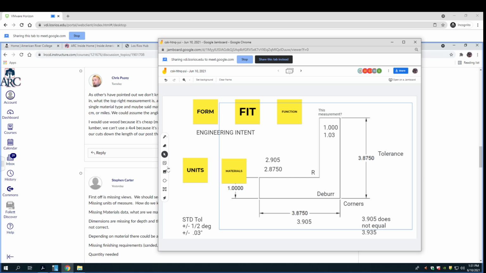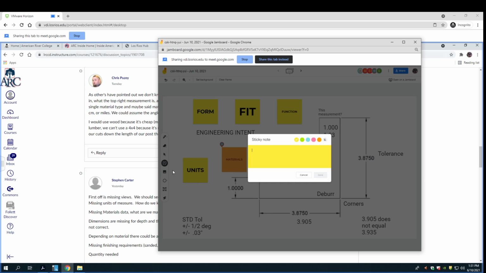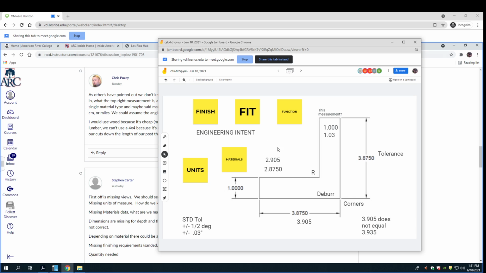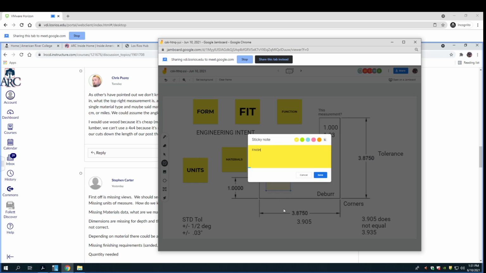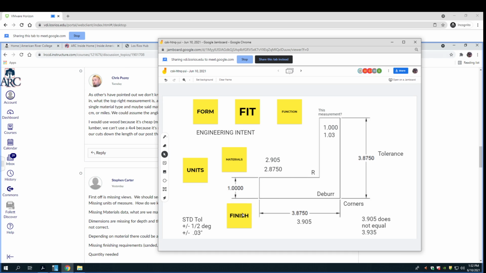No, the finish is needed. And that's things like, is it sanded? Is it painted? Is it washed?